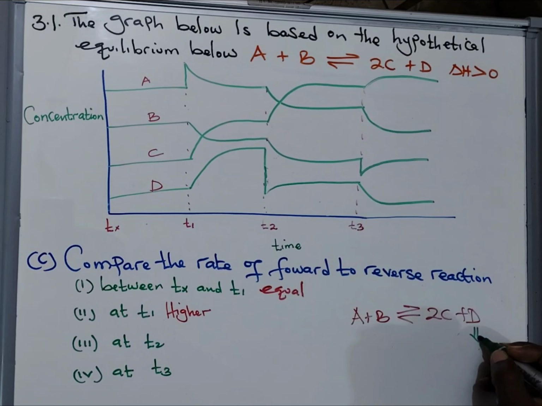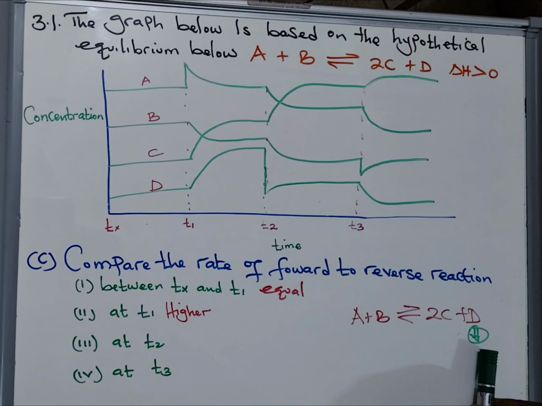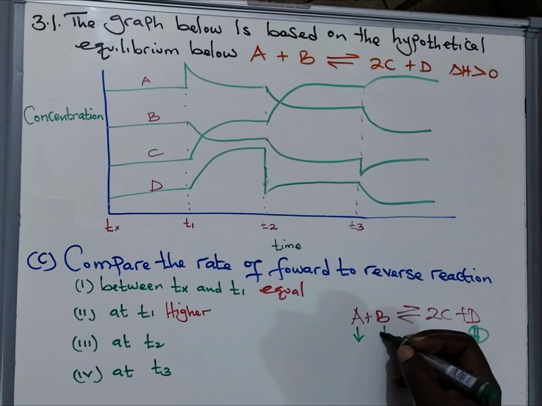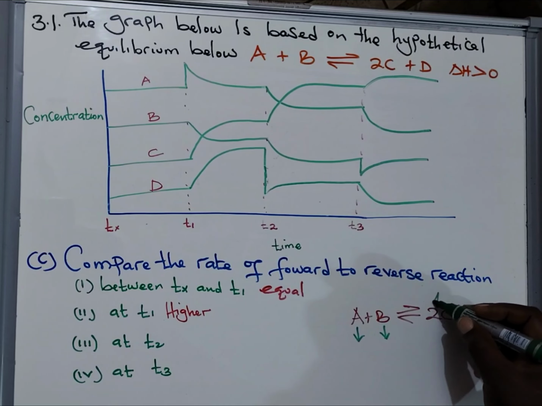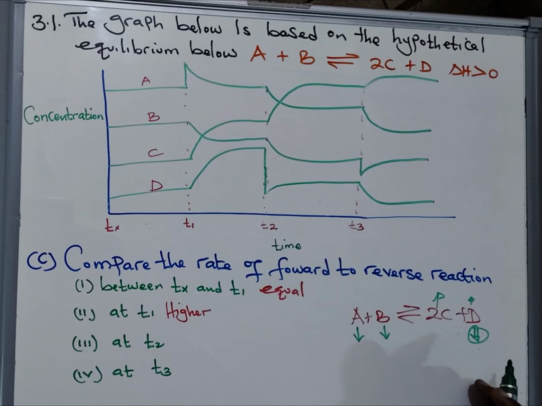So that is it. D is decreasing. And when D decreases, the equilibrium is disturbed. So according to Le Chatelier, the equilibrium reacts to restore the removed D. How does that happen? It means that A and B are going to react, so they will decrease to form this, and also this which has been removed.